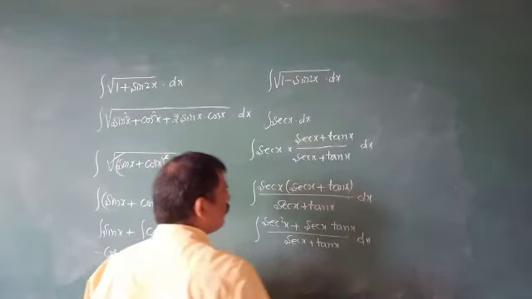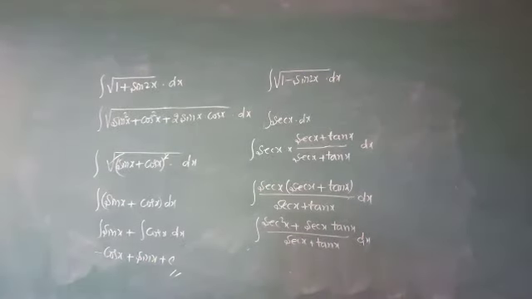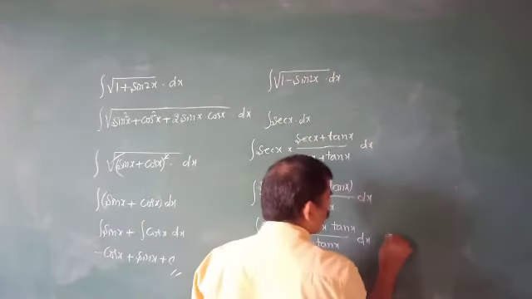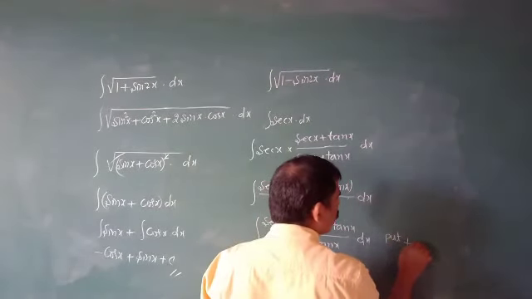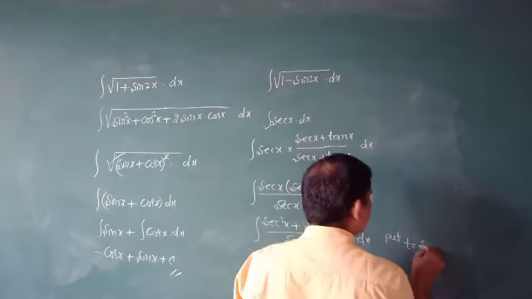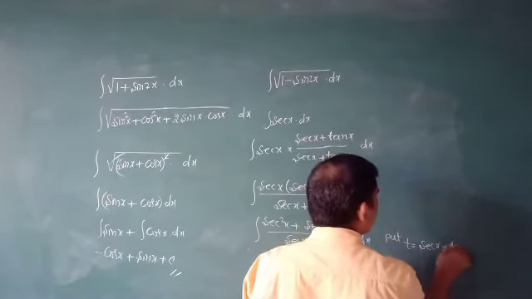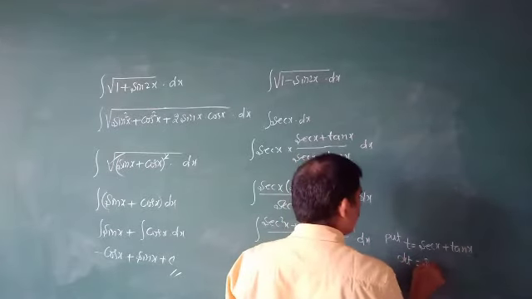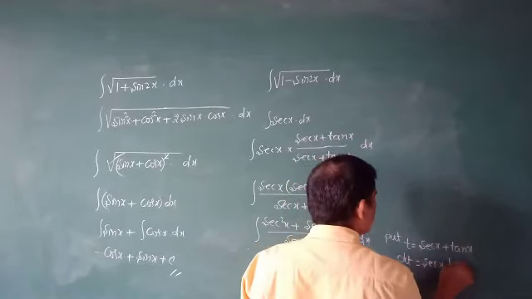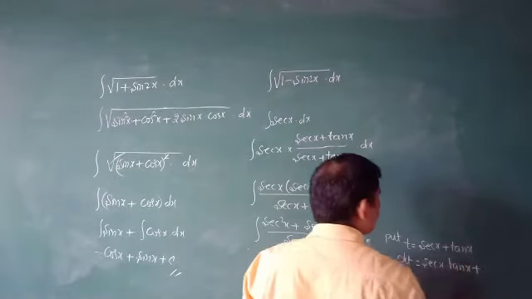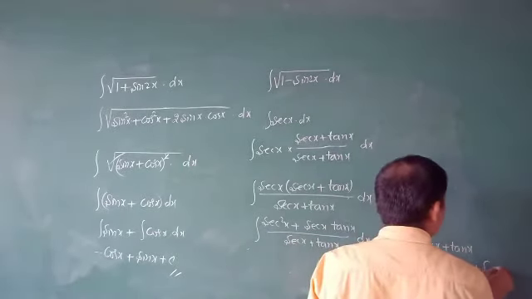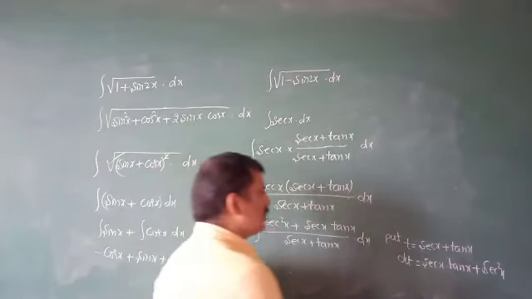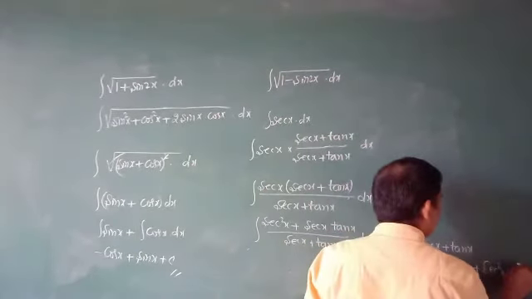So, put t is equal to secant x plus tan x. Then dt is secant x into tan x plus secant square x, into dx.